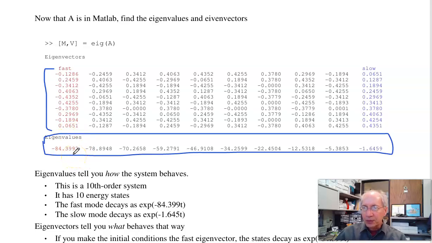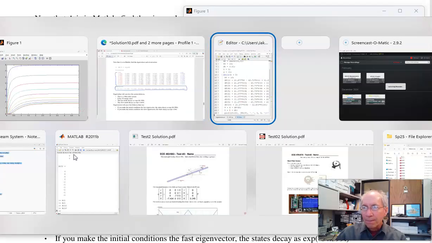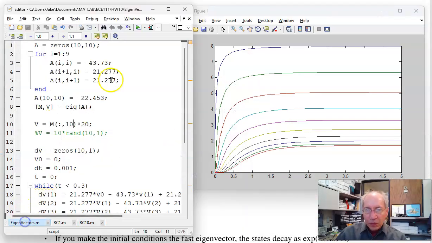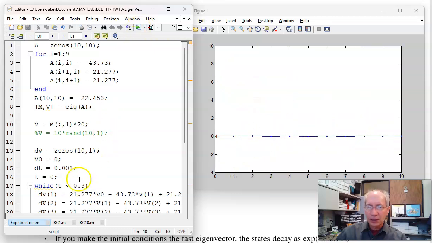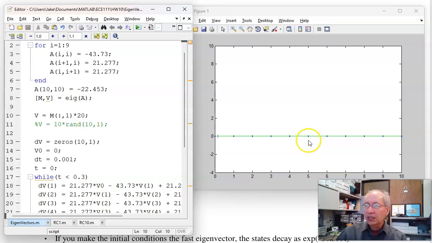So for example, let's go to Matlab. Here I input the A matrix, find the eigenvalues and eigenvectors. Suppose I make the initial condition the fast eigenvector. That should decay quickly. If I simulate it, this is running for 0.3 seconds.